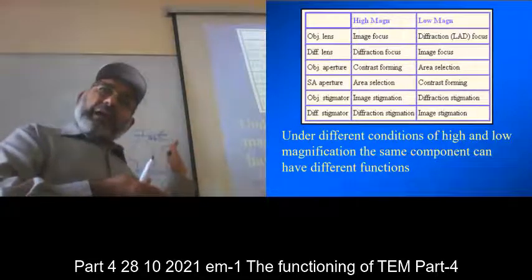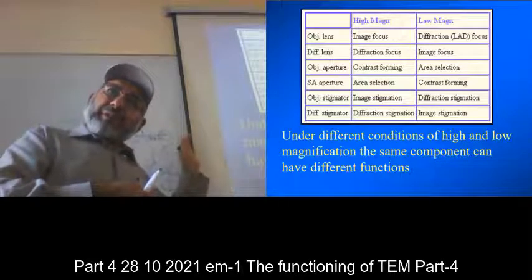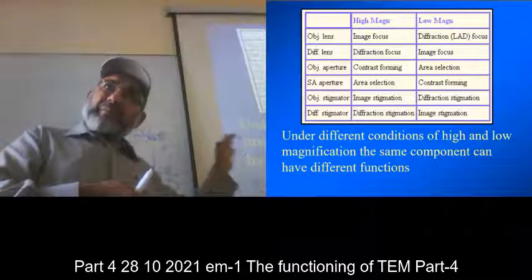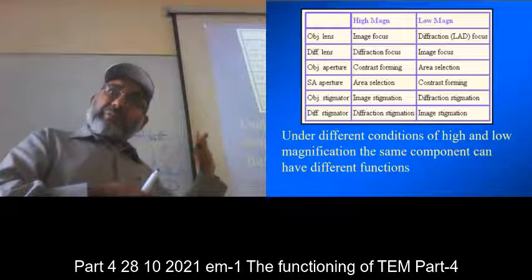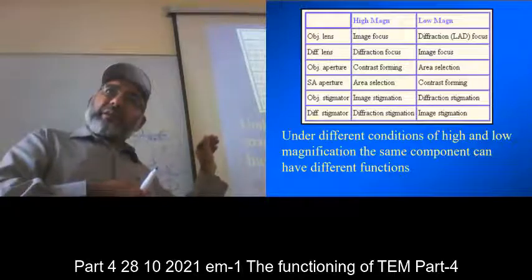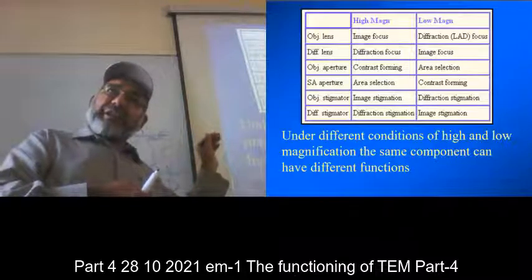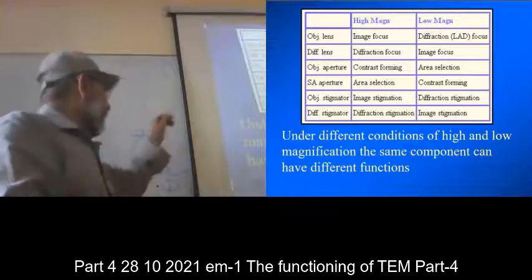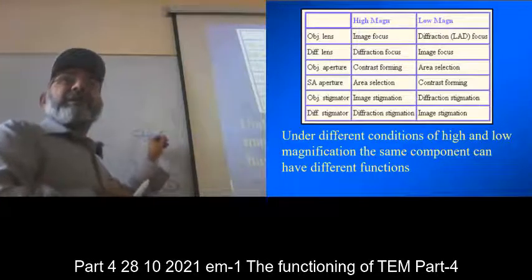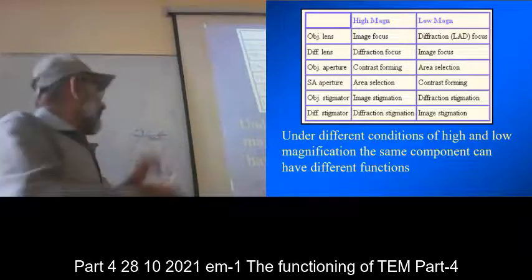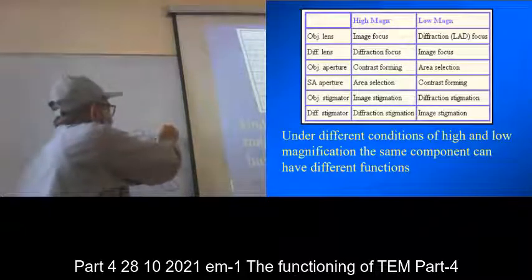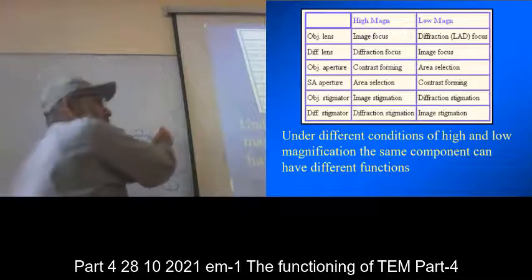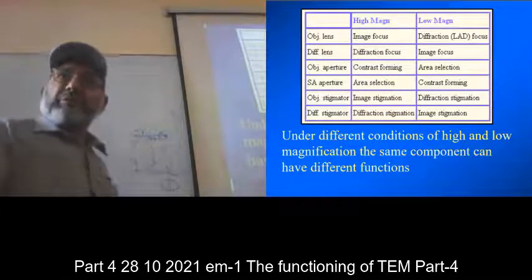Millimeter is already 10 power minus 3, so the angstrom will become 10 power 7. So 0.3 millimeter into 10 power 7 is only this area. So this type of spot is not informative for me.